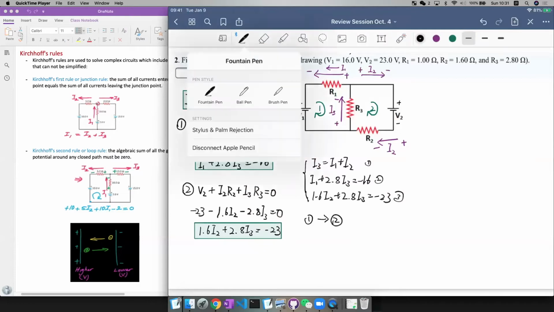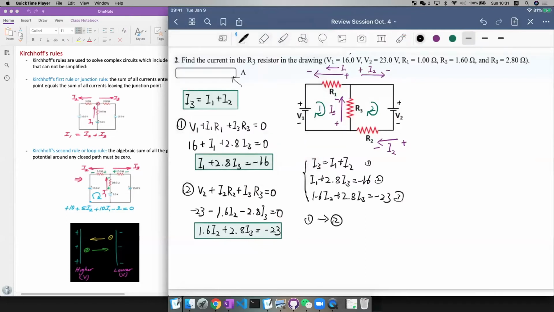So let's see. First, we substitute 1 to 2 in order to cancel out I3, right? So we have I1 plus 2.8 R1 plus 2.8 I2 equals negative 16, right? Also this step, I sometimes write it to equals 0. So also be very careful for the math part.